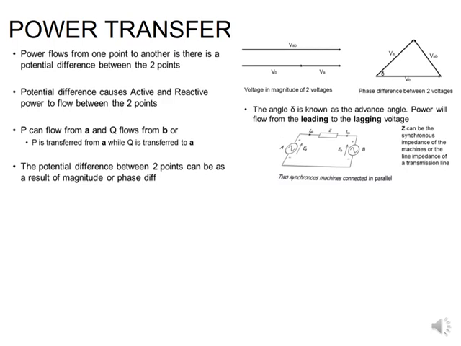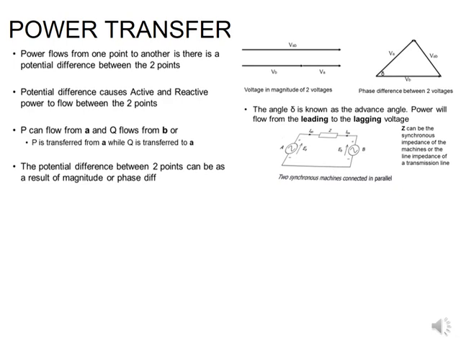So here now, what I've just popped up in front of you shows the voltage between those 2 points A and B, which we would call VAB. And that's the magnitude of the 2 voltages combined together. And you can see them written below that first line as VB and VA. Then if you look at the triangle next to that, you can see that there is a phase difference between the 2 voltages that you had.